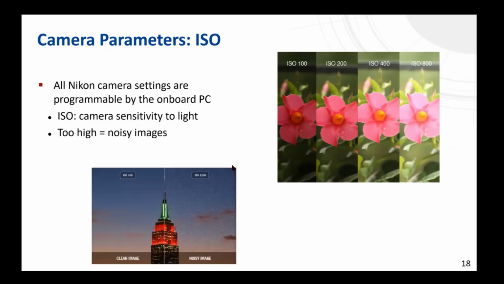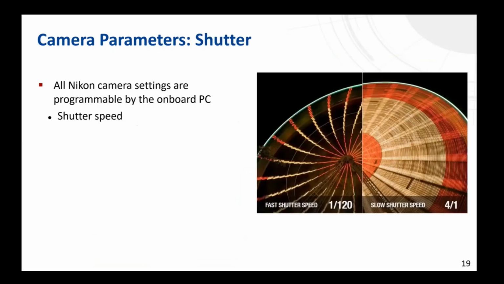Of course, if the ISO is too high, this may result in noisy images, and we can adjust shutter speed. If we have a slow shutter, then we capture a lot of light, but we may get motion blur. And if the shutter is too fast, then the photos might be too dark.